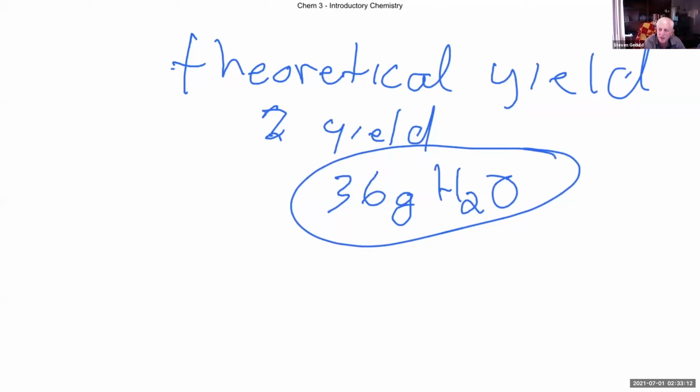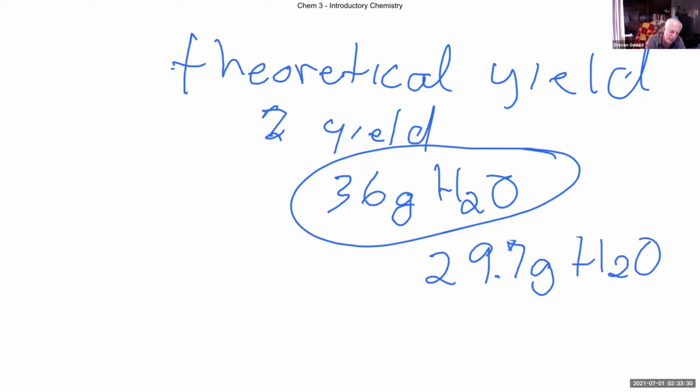Now say we did the actual experiment in the lab. Say we took 5.3 grams of hydrogen and 32 grams of oxygen, mixed them together, put in a spark and created water. And say we got 29.7 grams of water that we measured, that was produced. We should have got 36 if everything went 100%, but there's always errors, there's always spills, there's always mixtures of things that don't go all the way to 100%.